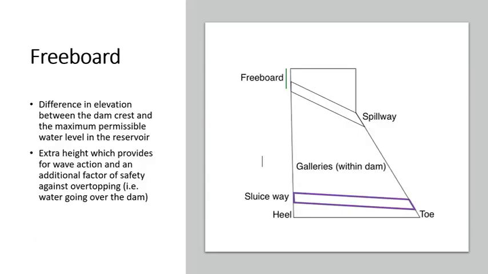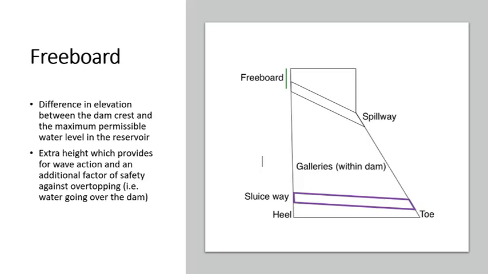Another part of the dam is the freeboard, which is basically just the difference between the maximum water level and the crest of the dam. This extra height is meant to provide protection from wave action as well as protection from overtopping.